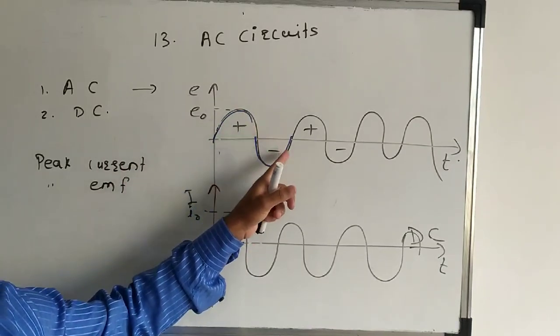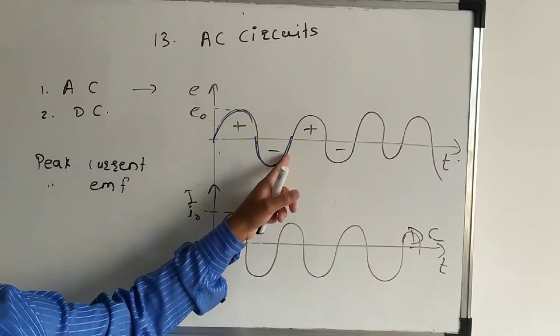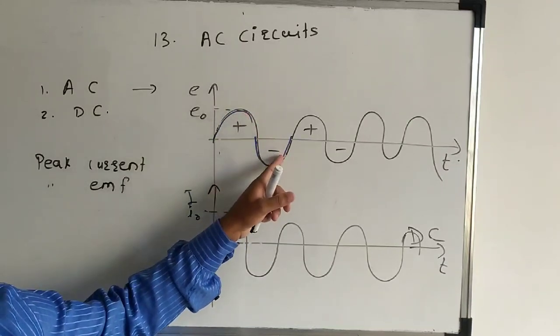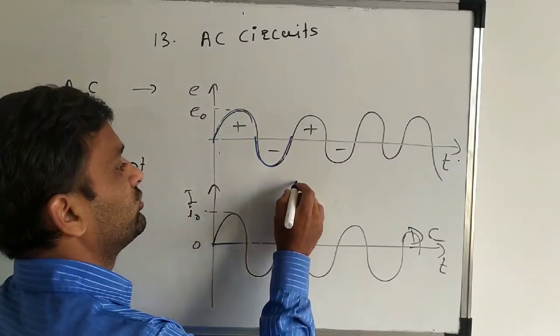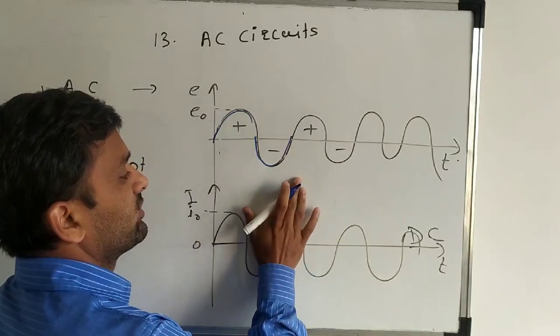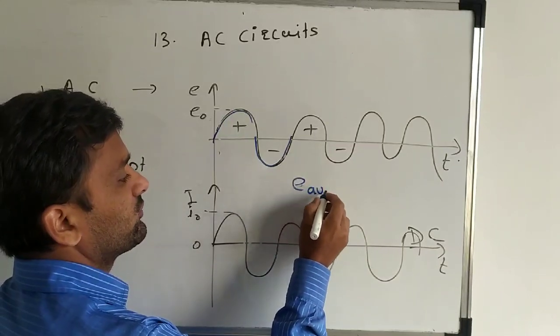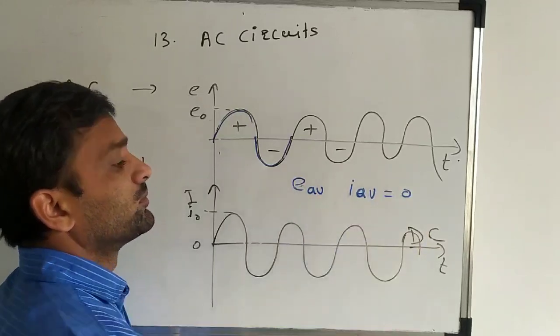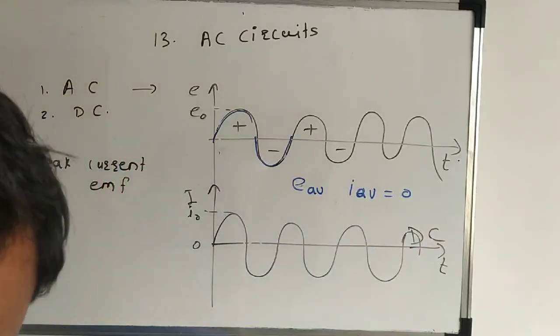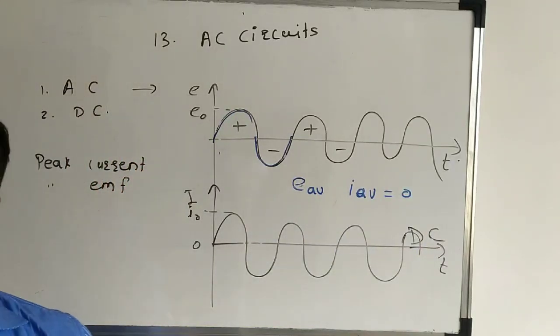Positive and negative have equal magnitude but opposite direction, so they cancel out each other. For a complete cycle, the average value of EMF and the average value of current is actually 0. But to avoid this, we consider the average values of current and EMF for half of the cycle.